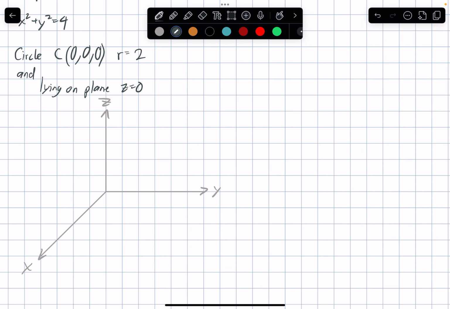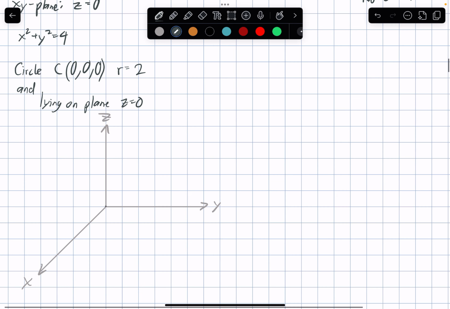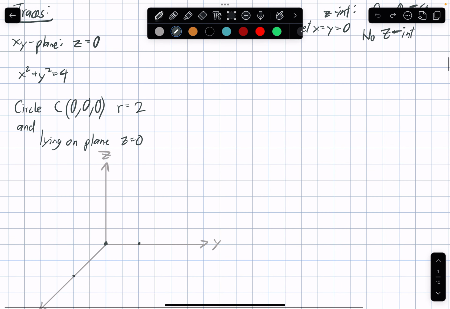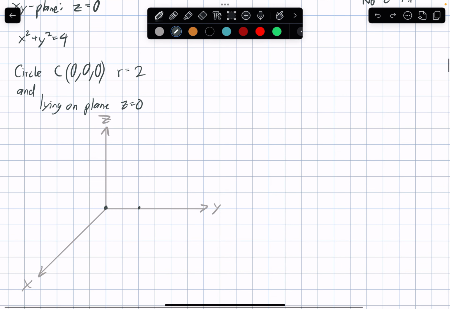Okay, so this is the origin. This is R, this is R, this is R. But we're only focusing on the xy plane. So this plane. This is what? 0, 2, 0.